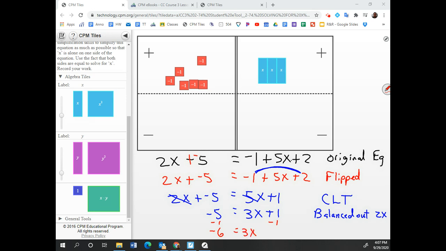And then, if 3 of those x's equal negative 6, if I divided both sides by 3, and I'm out of room here, so I'm gonna have to cram it up here. Negative 6 equals 3x, then each of those x's, 3 over 3 cancels out, and negative 6 divided by 3 is negative 2. So my answer would be x equals negative 2.